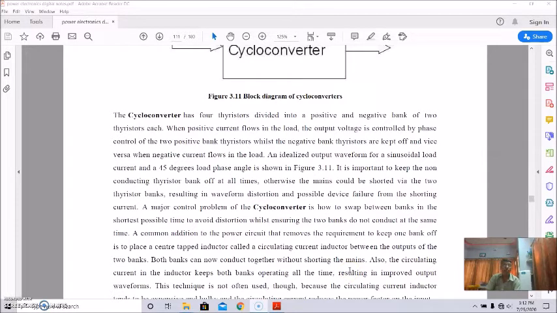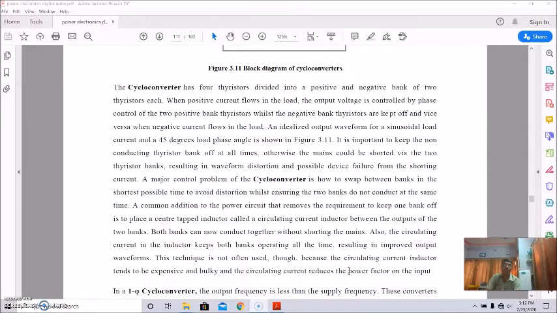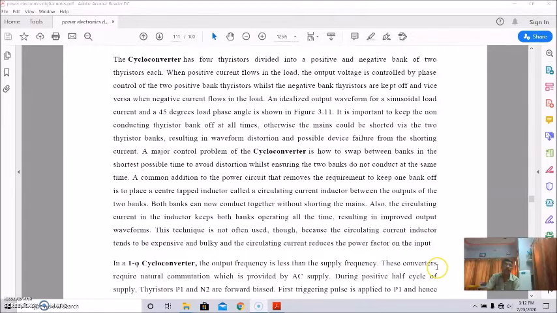The circulating current keeps both banks operating at all times, resulting in improved output waveforms. This technique is not often used, because the circulating current inductor tends to be expensive and bulky, and the circulating current reduces the power factor on the input.